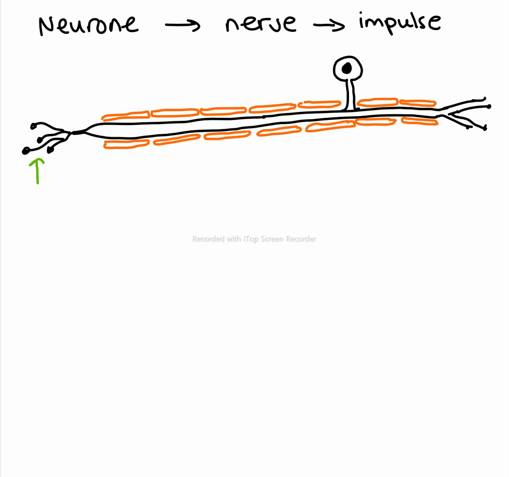This is where the signals start, so we'll call this the sensory receptor. This cover here is like a cell, a cover for the neuron. It's called the myelin sheath.